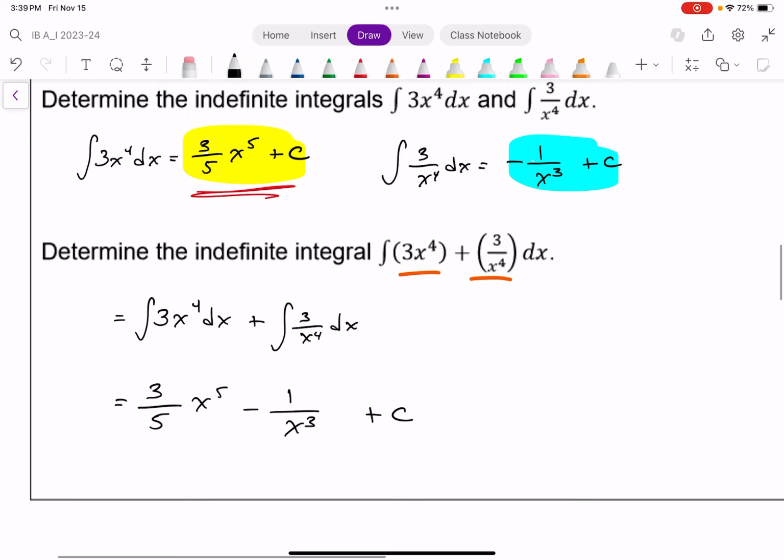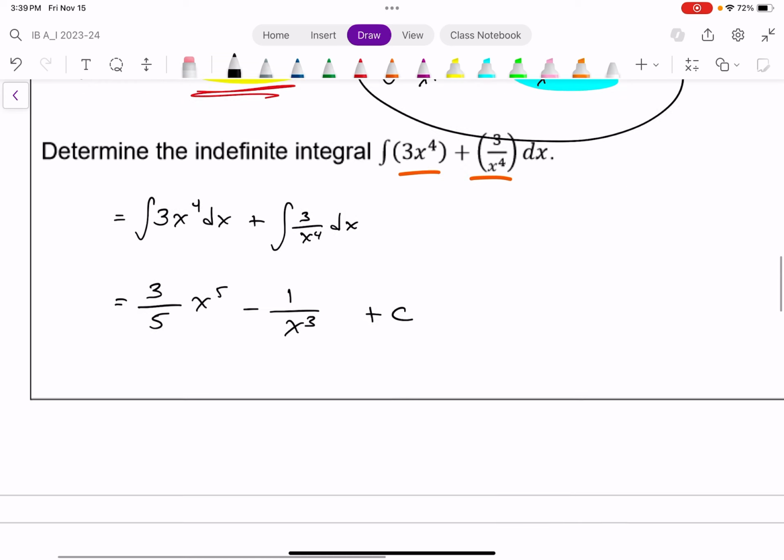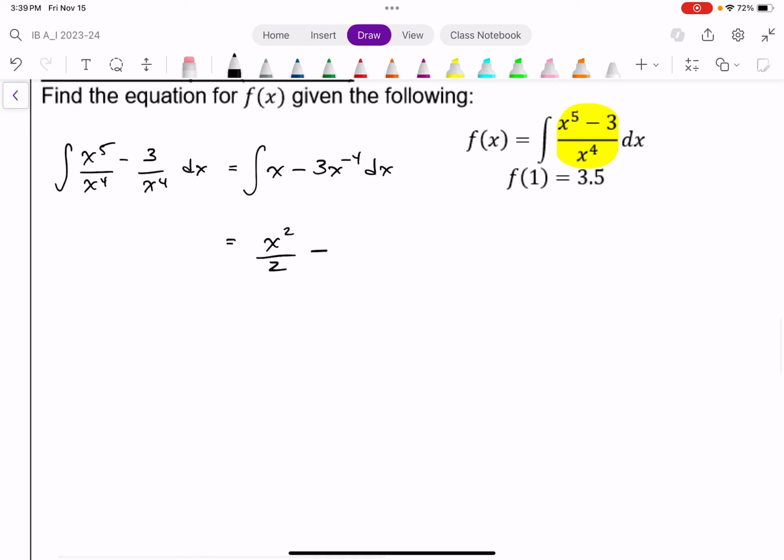Well, that's, again, what we did up here, right? Did it right here. So I know it's going to come to negative 1 over x cubed. So minus negative 1 over x cubed, or save myself a bit of work, plus 1 over x cubed, plus a constant.